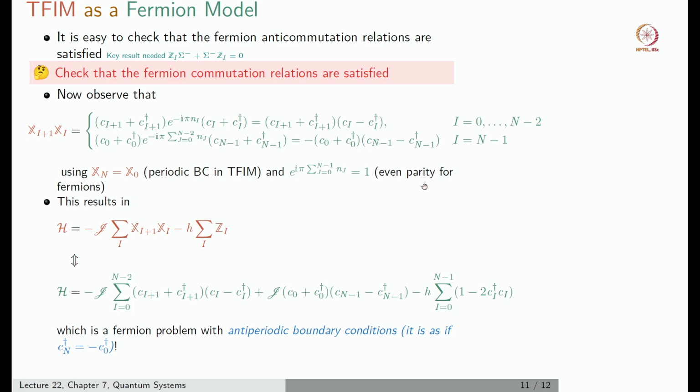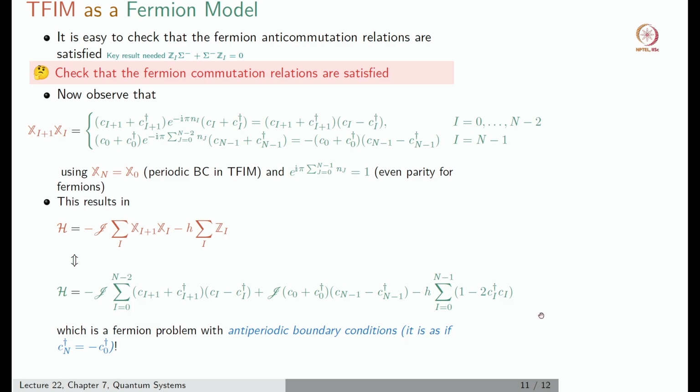So what we have managed to do is that this x_{i+1} x_i term looks exactly in this fashion all the way up to n minus 2, and when I go to the n minus 1th site, which is the link connecting n minus 1 to the site n, which is the same as site 0, you will get this term, and this is a problem with antiperiodic boundary conditions. And mind you, these z_i are the same as these things here.